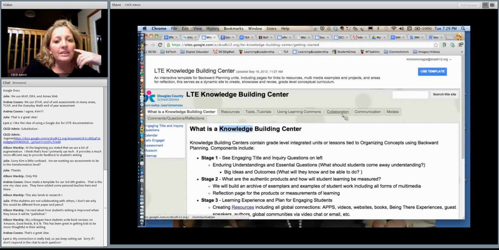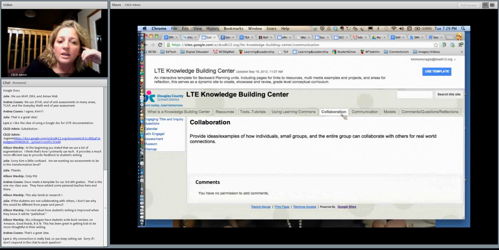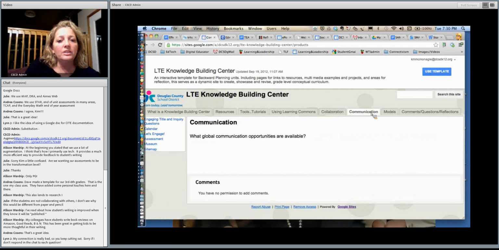And what I see in here that she's included is opportunities for the teachers to ensure that they have collaboration. How will the students be doing this for real world connections? So she's put it in here the same way that Wiggins also challenged us to design our learning opportunities to get to real world. She's challenging them to have global communication.